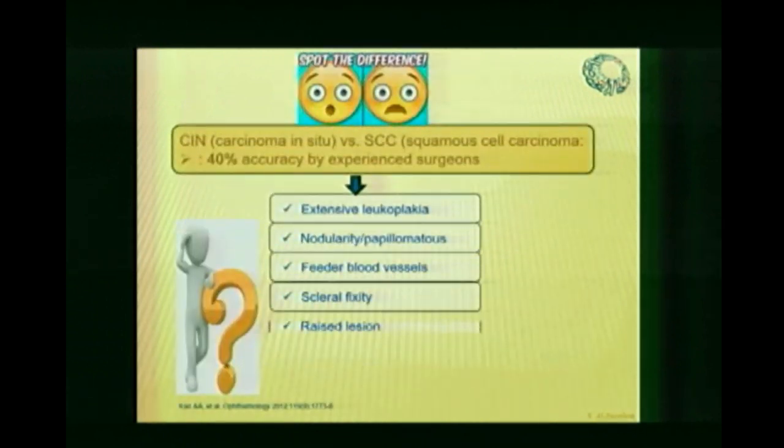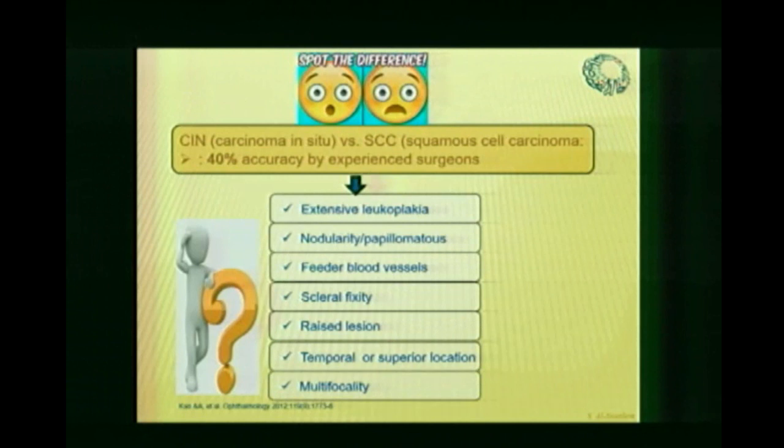So the 1 million question: can we differentiate the dysplasia or CIN versus squamous cell carcinomas? Tell you the truth, only 40% of the experienced surgeons will be able to differentiate that. This is the accuracy. The reason behind it is that there are some variations according to the patients themselves.